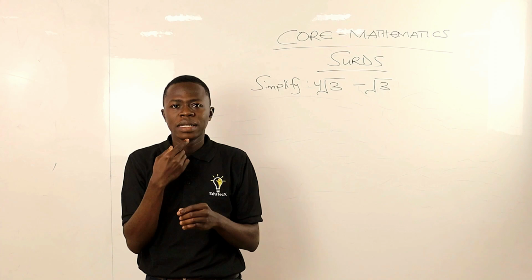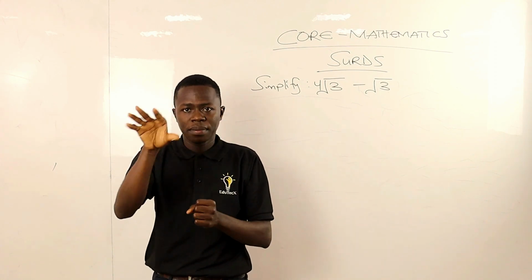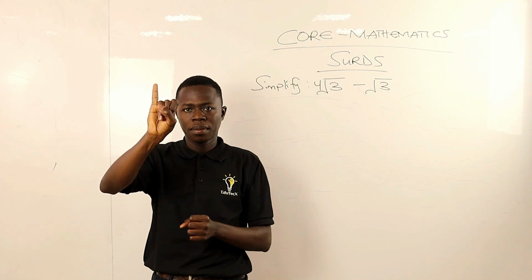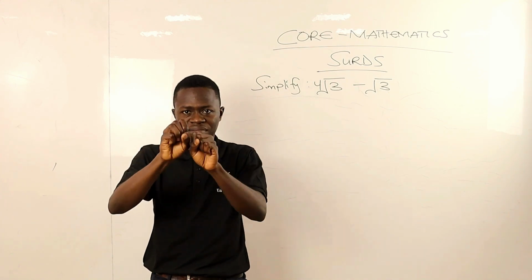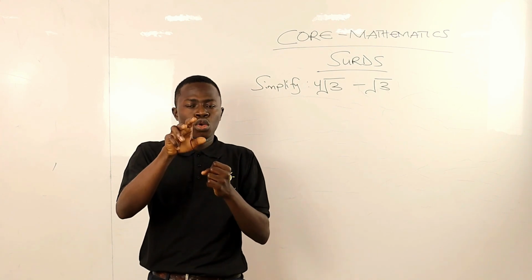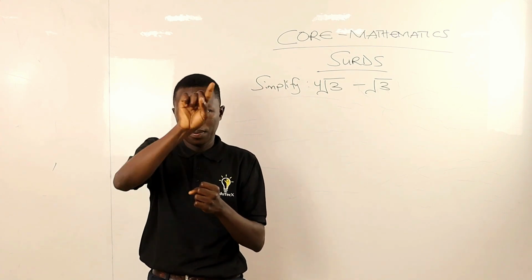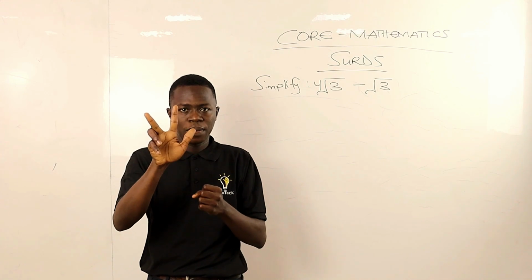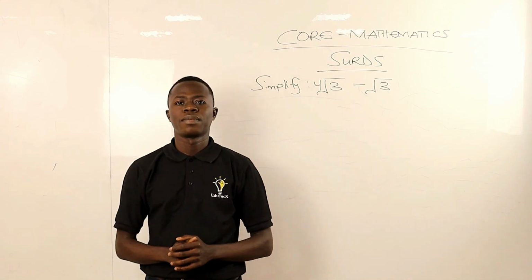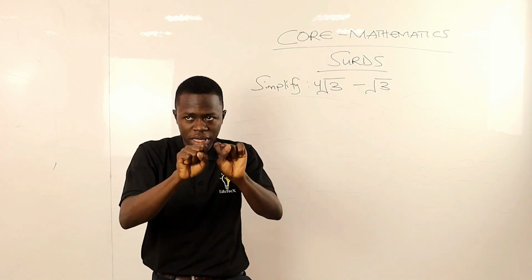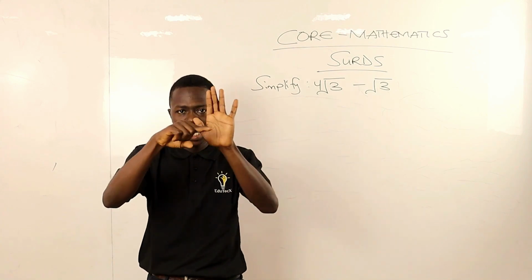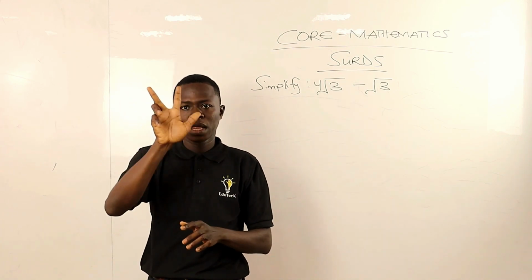The question on the board is: simplify the expression 4 square root of 3 minus square root of 3. Again, simplify 4 square root of 3 minus square root of 3.